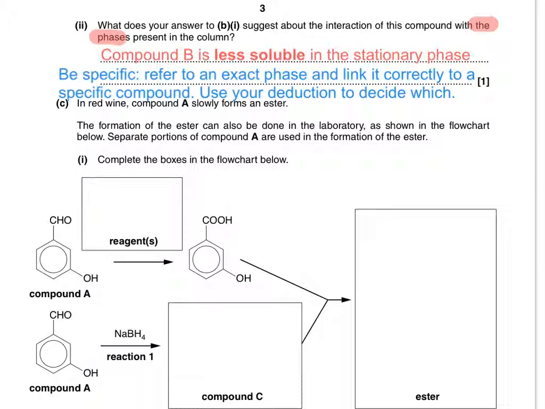So that's the part, using your deduction you made. If you use that correctly, then what you're doing is using your answer to B, suggest. That's the part of the question you're paying attention to now.